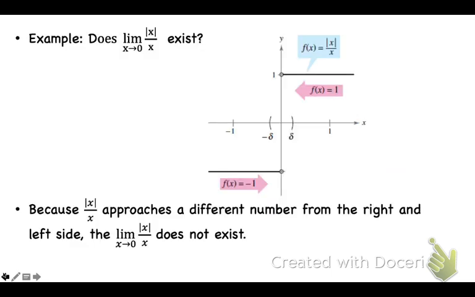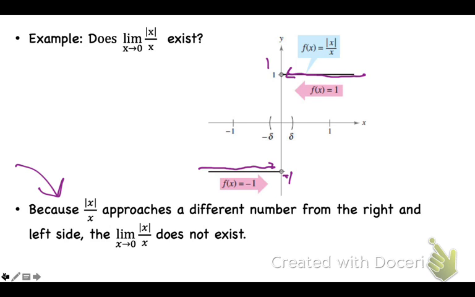Does the limit of the absolute value of x over x as x approaches 0 exist? From the left, as x approaches 0, what is y approaching? Negative 1. And from the right, as x approaches 0, what is y approaching? 1. Is that two different values? Yes. So no, it does not exist, because it approaches two different values.